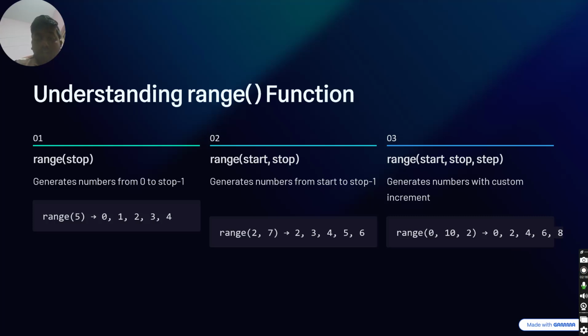And the third, range of start, stop, step, gives the start value with a custom increment of the step value up to stop minus 1. You can see the examples here. Range of 5 gives 0 to 4. Range of 2 comma 7 gives 2 to 6. Range of 0, 10, 2 gives 0, 2, 4, 6, 8.